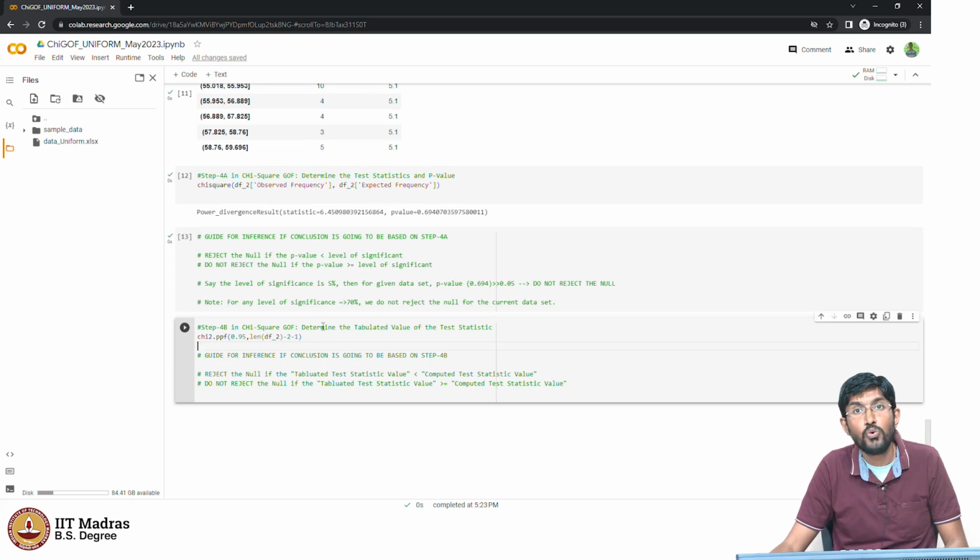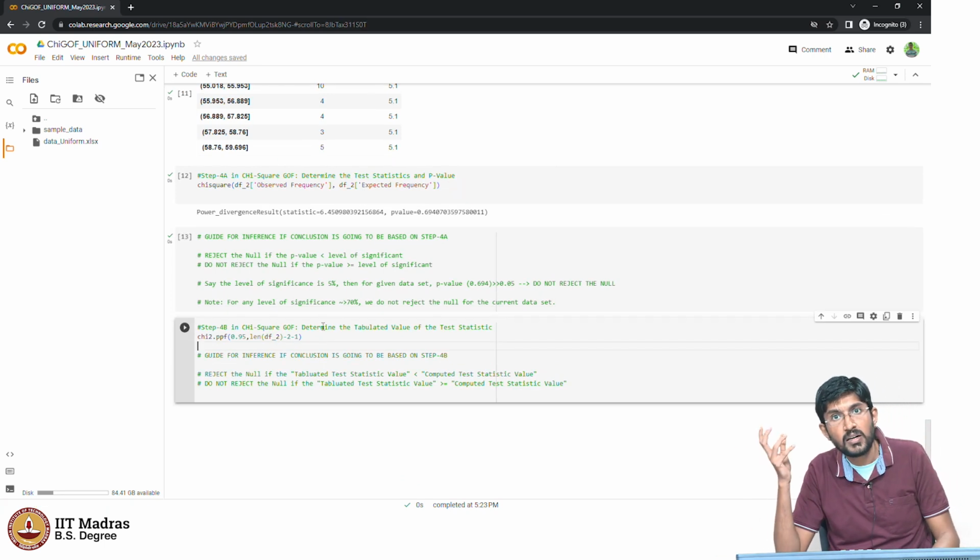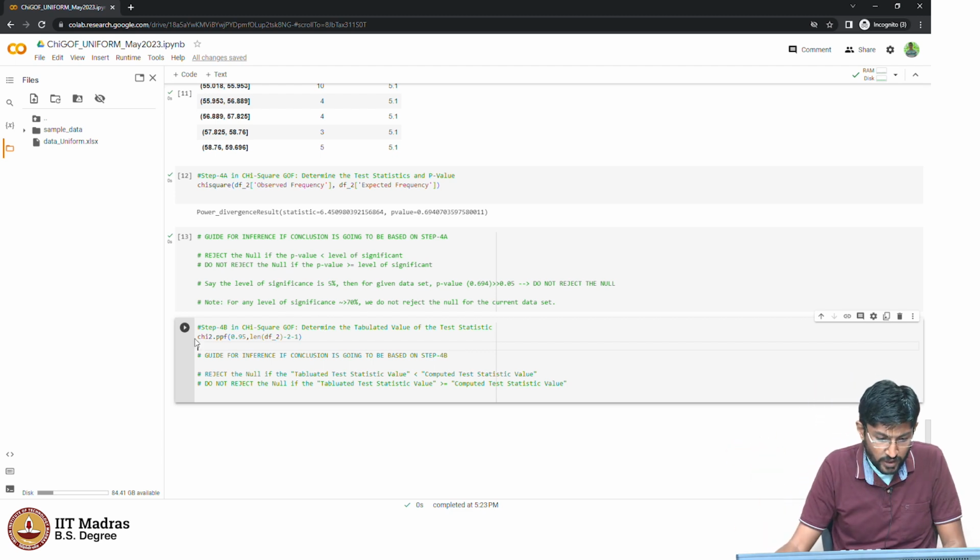Of course, I could do a comparison with a tabulated test statistic, and for that, what I do is I use this command called chi2.ppf and input the 95% confidence level. So 1 minus alpha, that is going to be 0.95, and for 0.95, the degrees of freedom n minus k minus 1, which is the number of bins minus p minus 1.